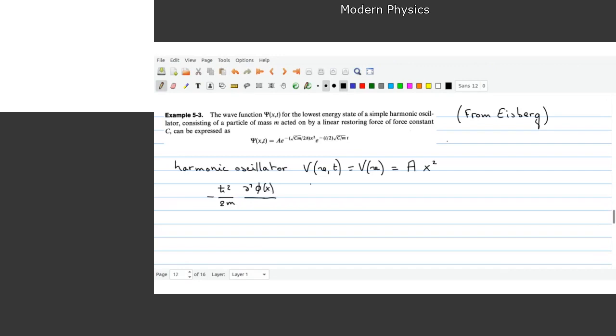My wave function will be this one, and this is the energy.